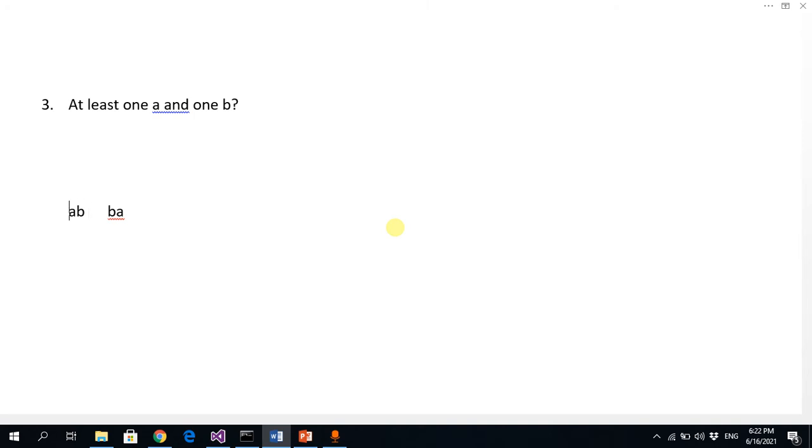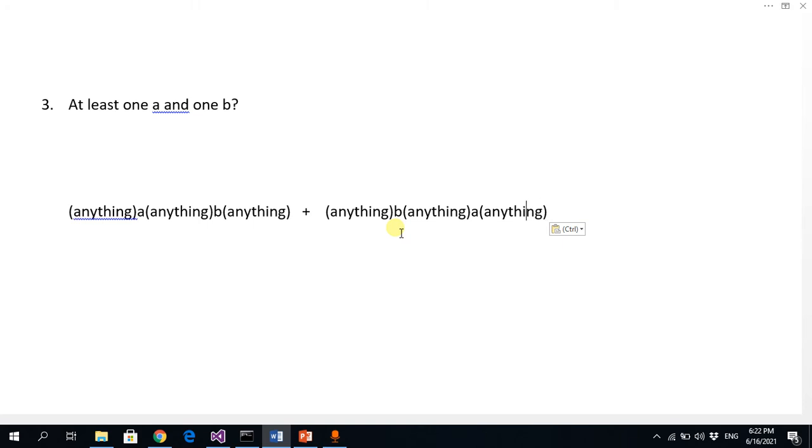So we can say like earlier, there may be anything before the first A and anything in between and after. Similarly here you can have anything before, middle and after.